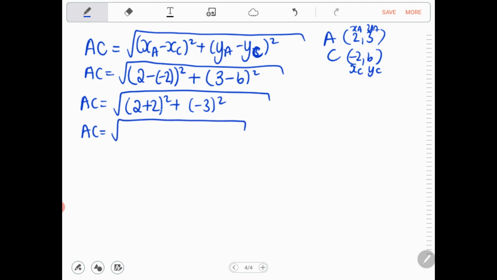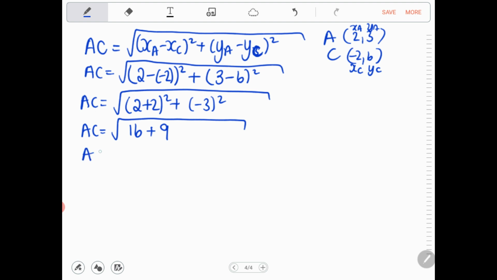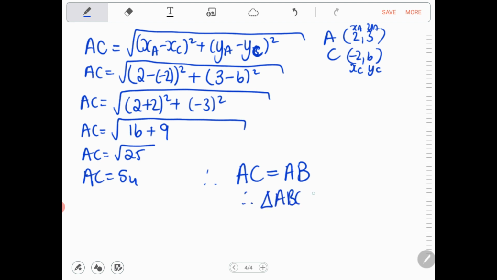Okay, so 4 squared is 16, 16 and 9, and we happen to have been lucky and found that AC is equal to AB. They're both 5 units. Therefore, triangle ABC is isosceles. All right, if you found BC and it wasn't the right side, then you keep going until you find the two sides that are equal.